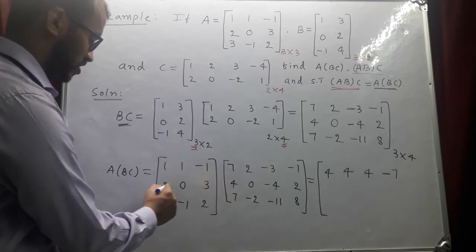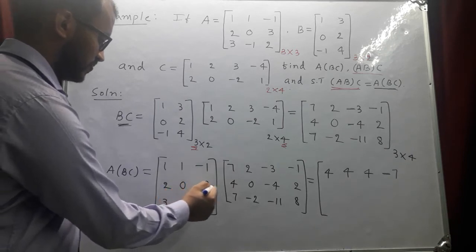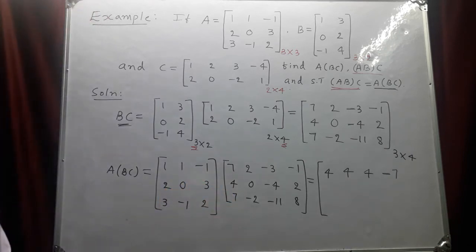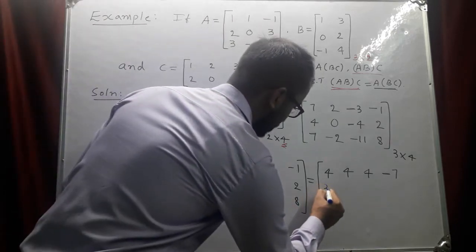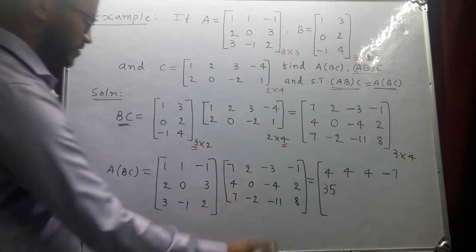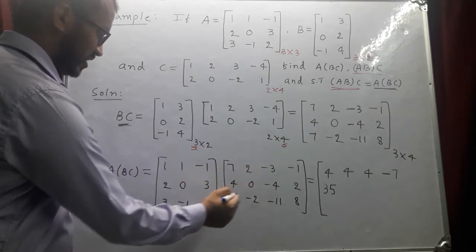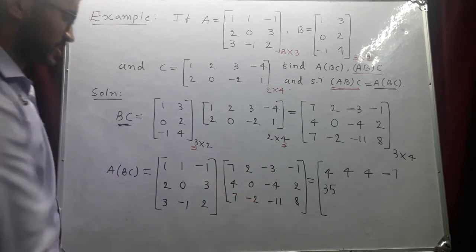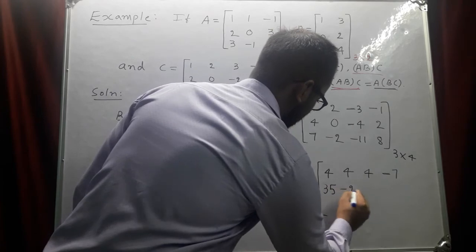Second row with different columns. Second row, first column, 2 into 7, 14, plus 0, plus 21. 14 plus 21, we get 35. Second row, second column, 4 plus 0 minus 6. 4 minus 6 becomes minus 2.